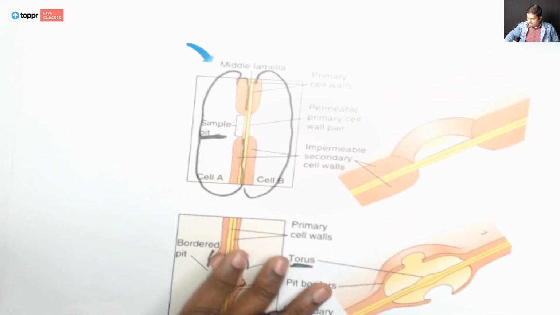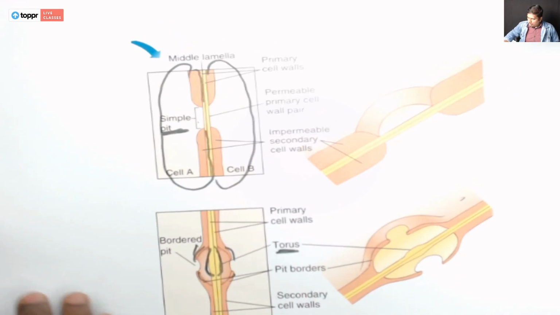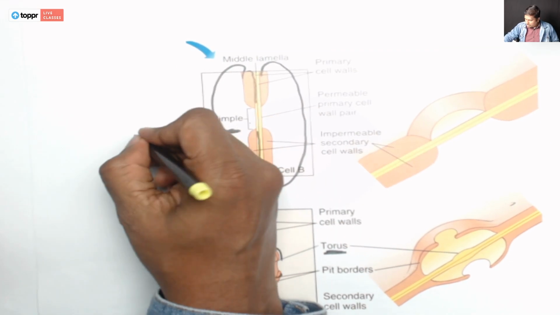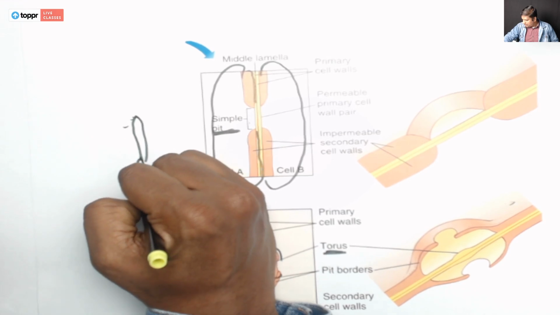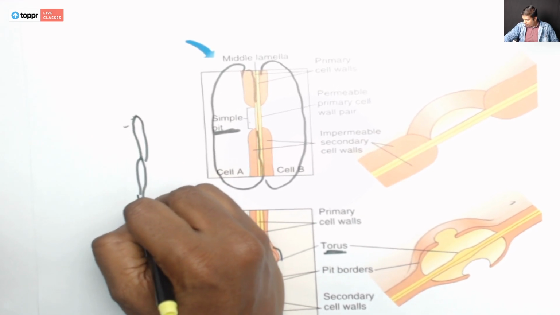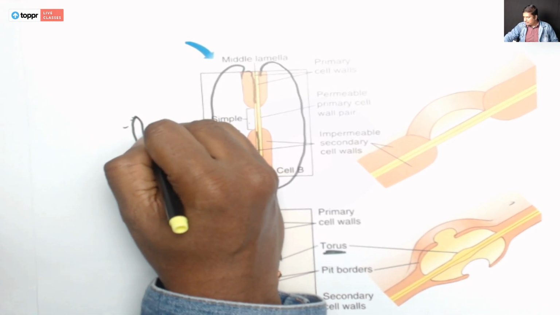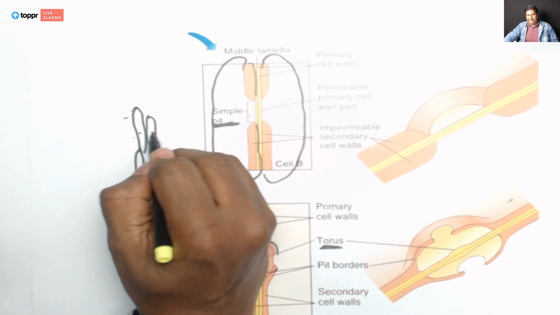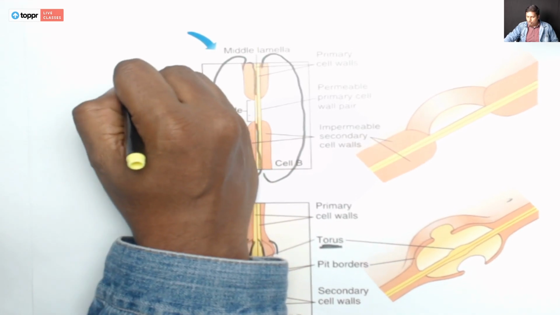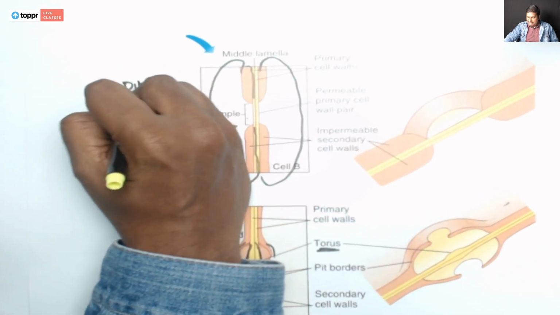Let me just quickly tell you again. So you have tracheary elements, and these are interconnected end to end as well as side by side. They are connected through pits.